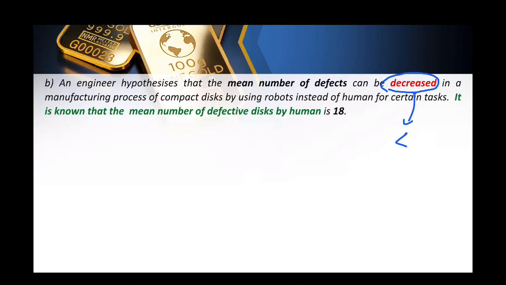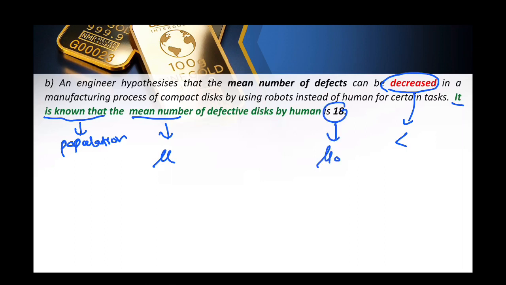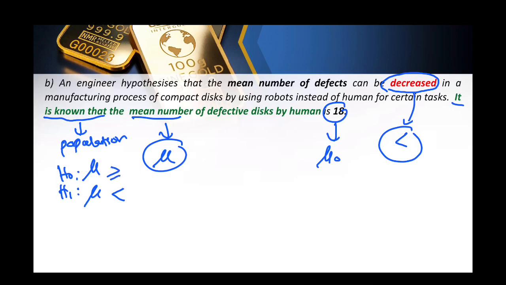And then here we take, it is known that, so it is a population mean number, mu equals 18. Alright, so you can write down H null or H1 first, it's up to you. Because the symbol is less than, it will be H1. The notation is mu. So if H1 is less than, H null is greater than or equal. The number here is 18.